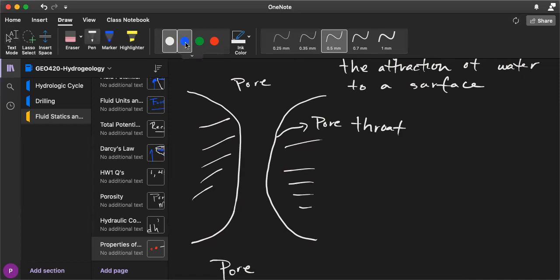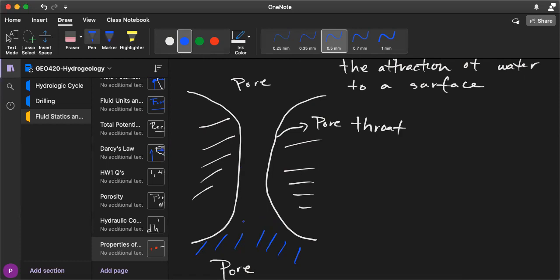Okay, so if this pore down here is full of water, the water is attracted to the surface of this mineral, because most minerals have a charged surface. Most silicate minerals have a charged surface.